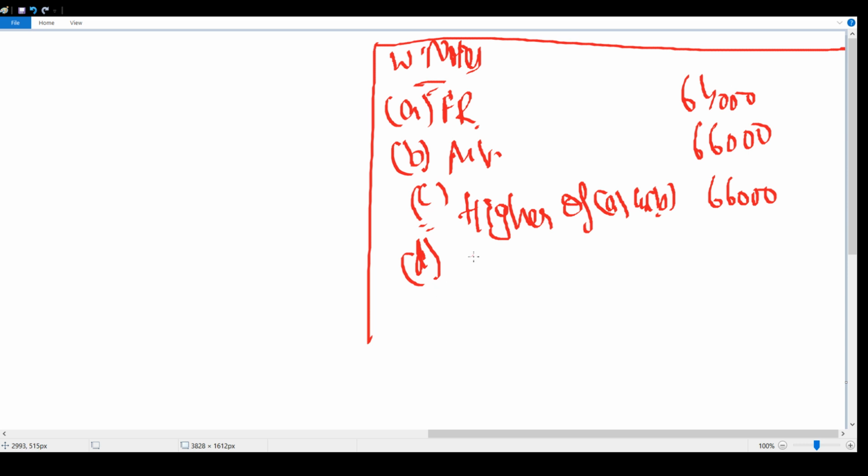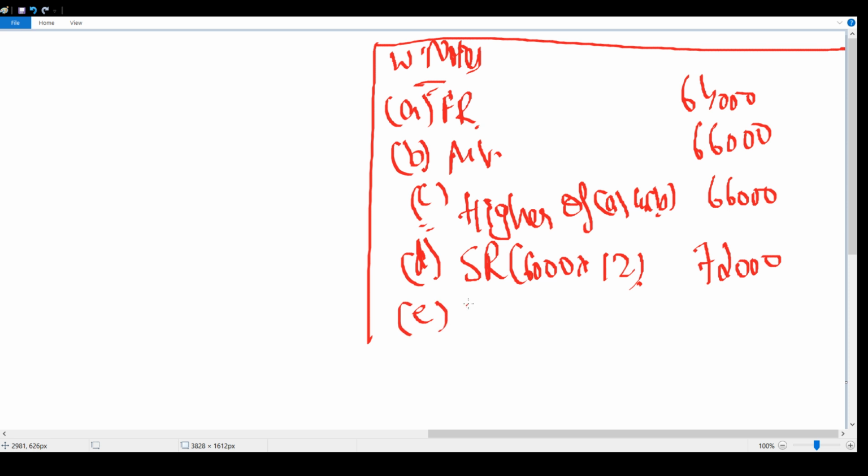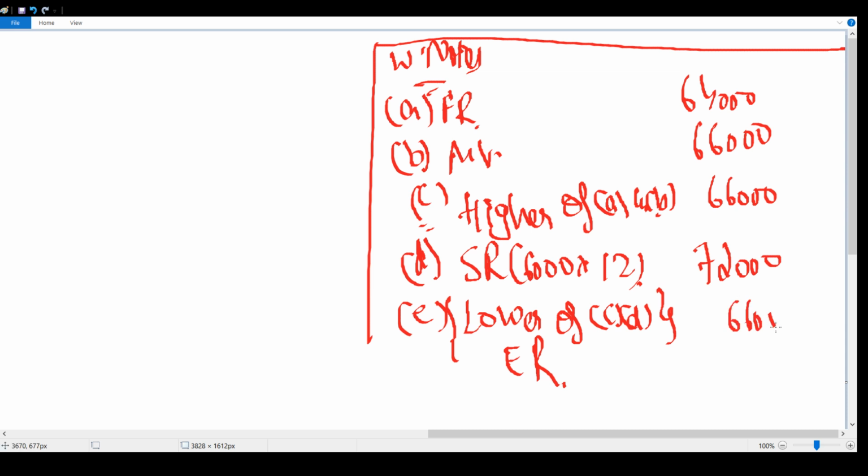Higher of A and B. Standard rent, 6,000 per month, amount 72,000. Then we'll take the lower of C and D. This is our expected rent, 66,000.